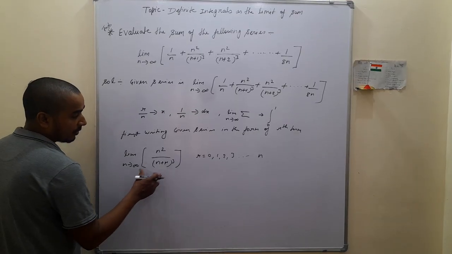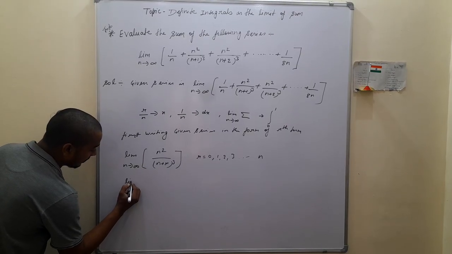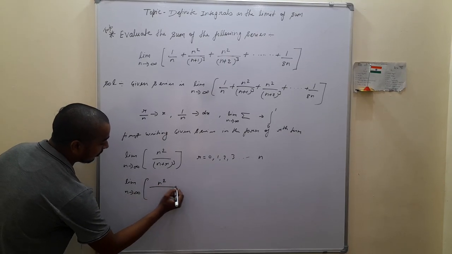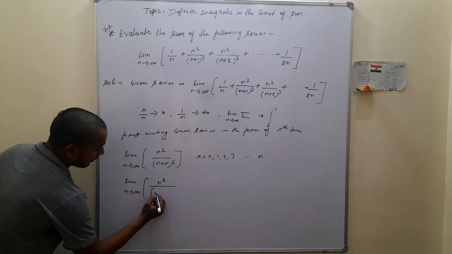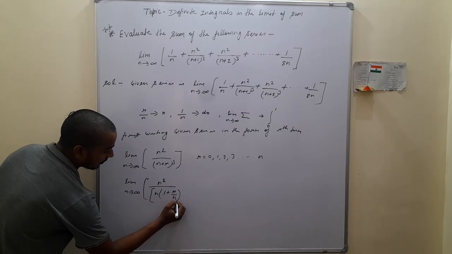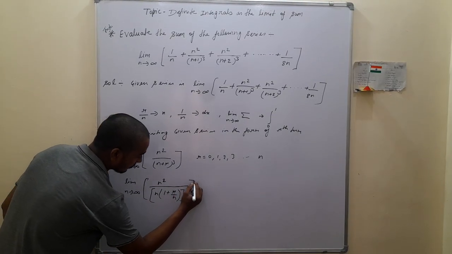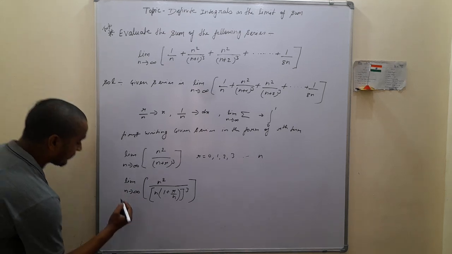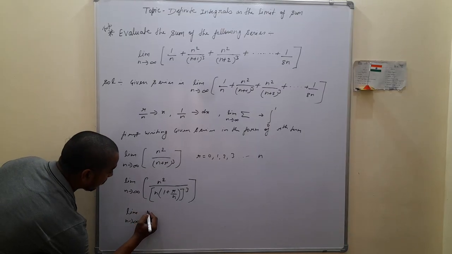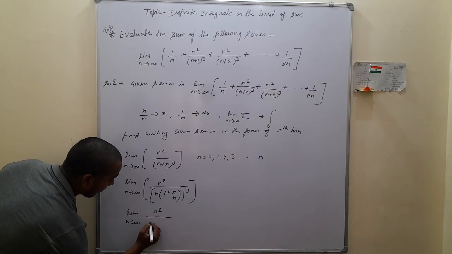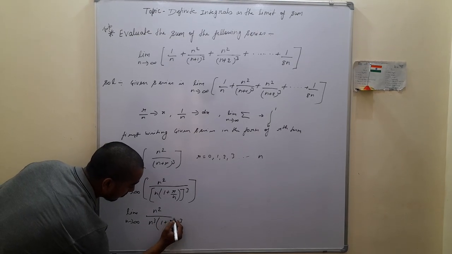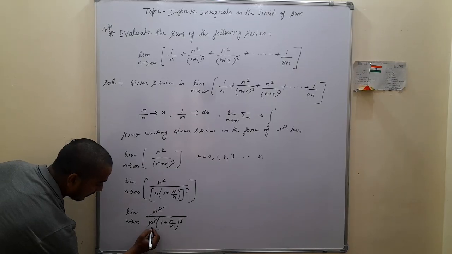So from here we further solve: limit n tends to infinity, n square upon, taking n common from the bracket, we get 1 plus (r by n) whole cube. Further, this is limit n tends to infinity, n square upon n cube into (1 plus r by n) whole cube. n square and n cube cancel out, remaining is n.